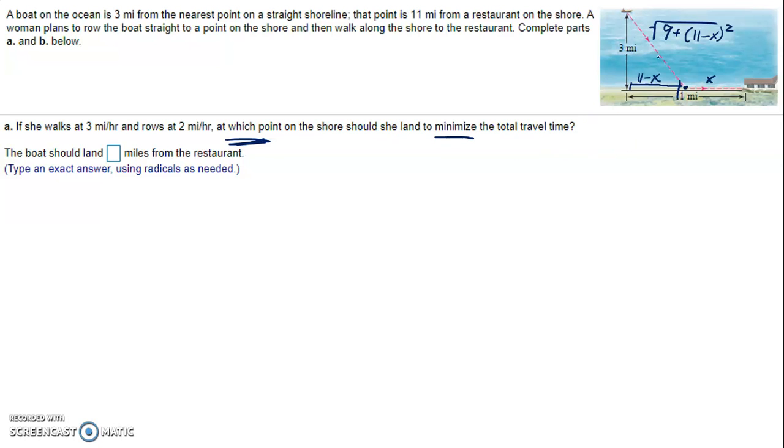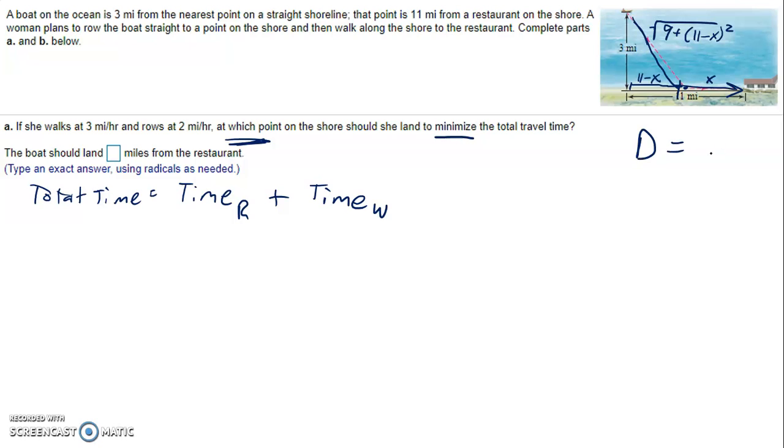All right, so we want to minimize the total travel time. So there's going to be time rowing, and then there's going to be time walking. The path we're going to take is from here and then over here. So the total time is going to be equal to those two times added together: the time rowing plus the time walking.